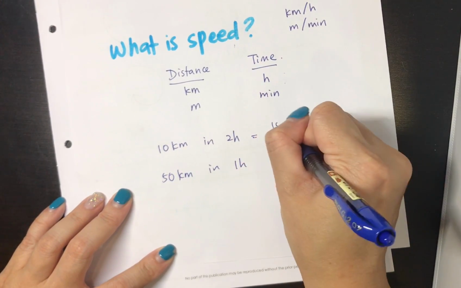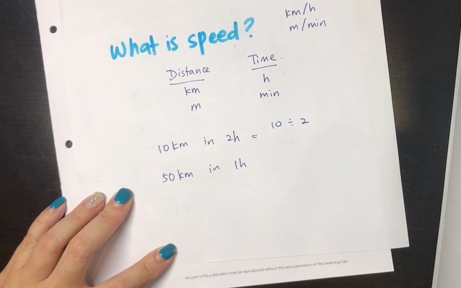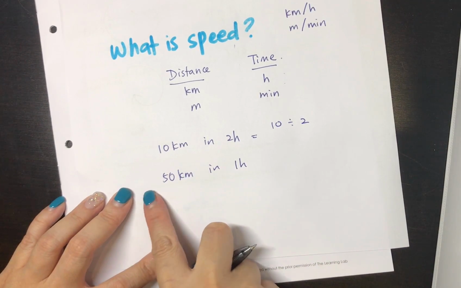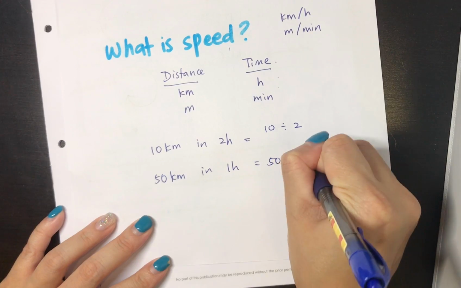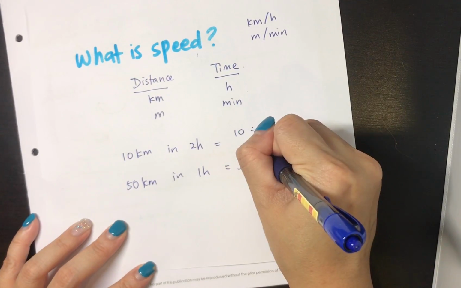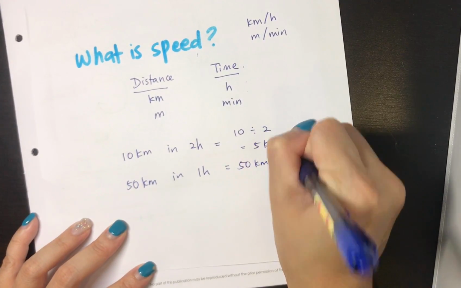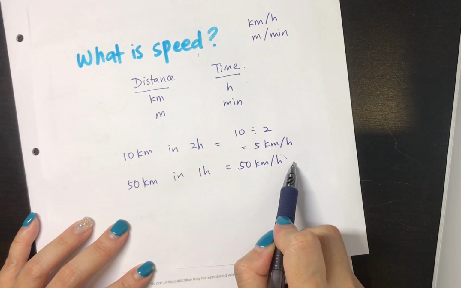You would have to take 10 divided by 2, which is 5 km per hour. Same, this would be 50 divided by 1, which is 50 km per hour. So this one is faster.